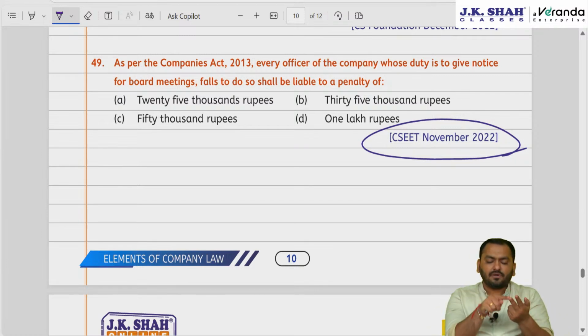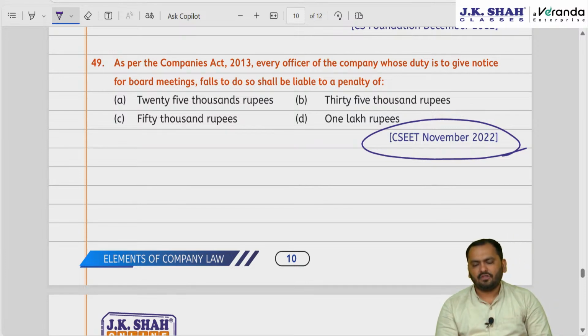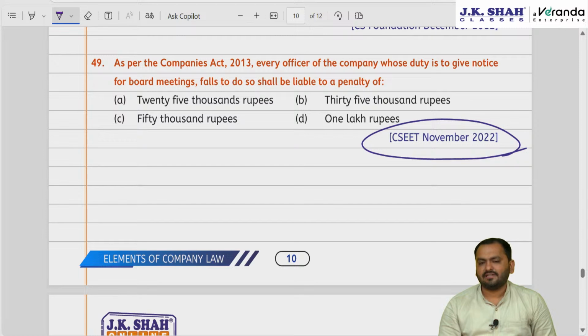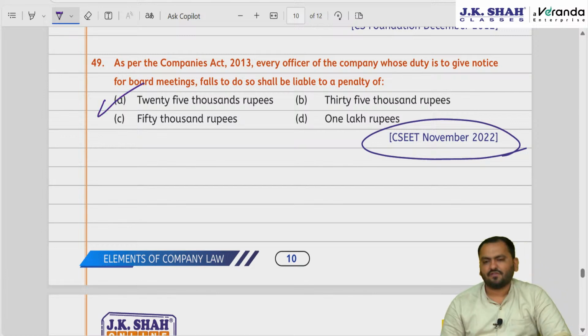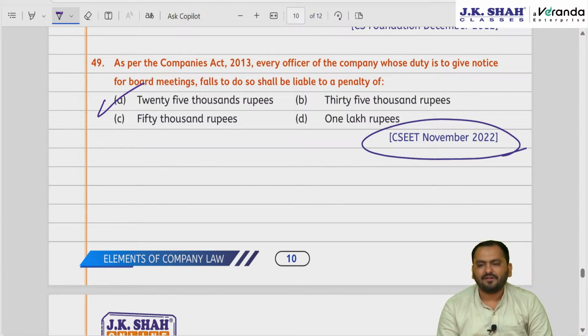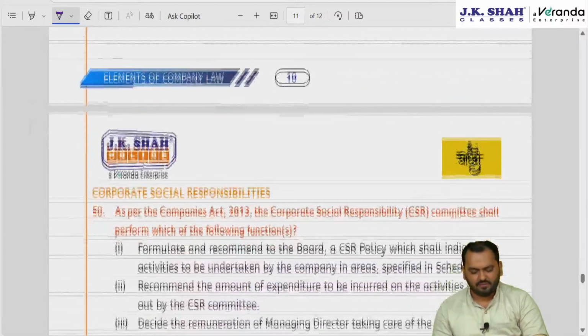So whoever was responsible to send the notice, if he fails to send the notice, then what is the penalty? So penalty is 25,000 rupees fine. So penalty for such person is fine of rupees 25,000. So please keep this in mind. Right? So I hope this is clear to everybody.